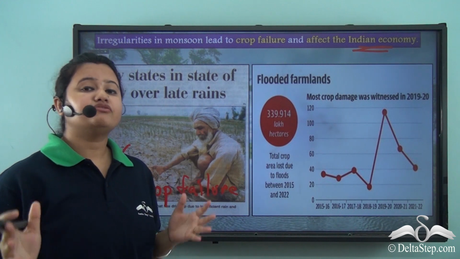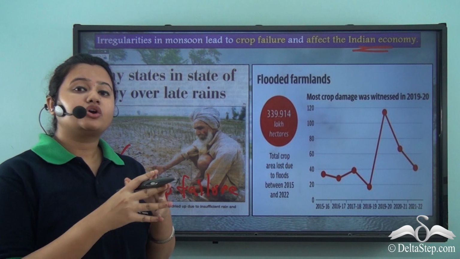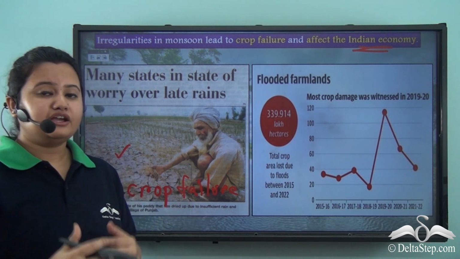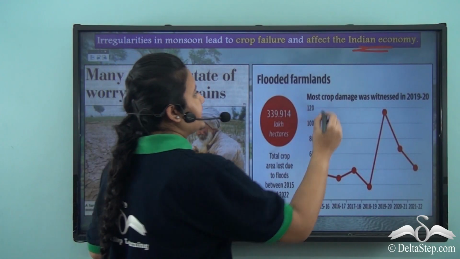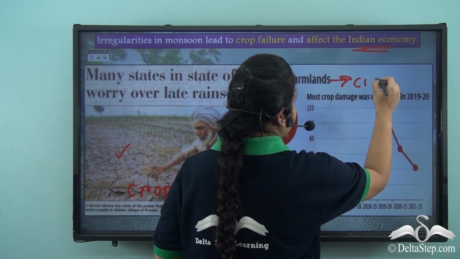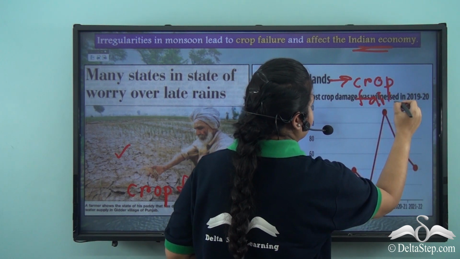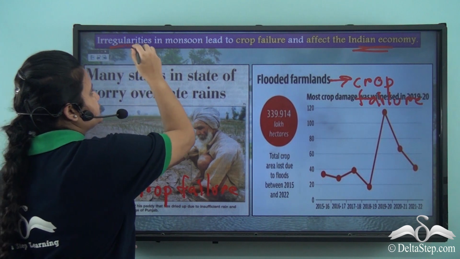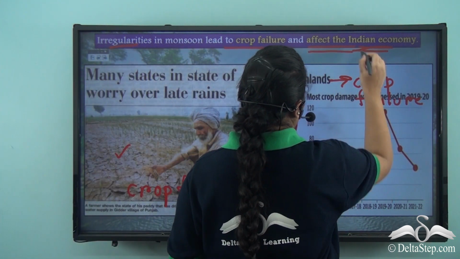Again, excessive or heavy rainfall leads to flood. Now, during flood, the crop fields get submerged underwater, and this directly affects crop yield or growth of crops. Thus, flood can also lead to crop failure. In other words, we can say that irregularities in monsoon lead to crop failure, which negatively affects the Indian economy.